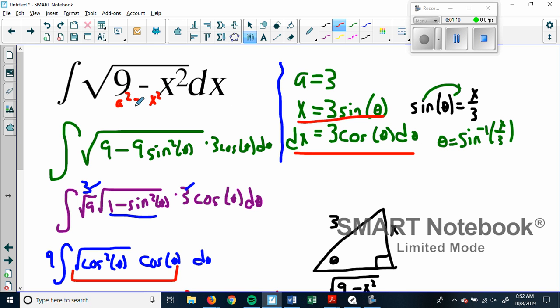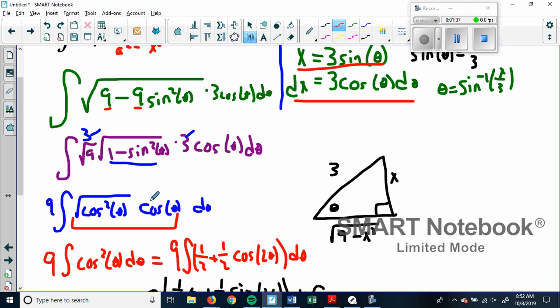So notice what I've done is 9 stays 9, x squared becomes 9 sine squared theta, and dx is replaced by 3 cosine theta d theta. So I've completely replaced the x's with thetas. Now I'm going to factor out those 9's right here. So I have 1 minus the sine squared theta.